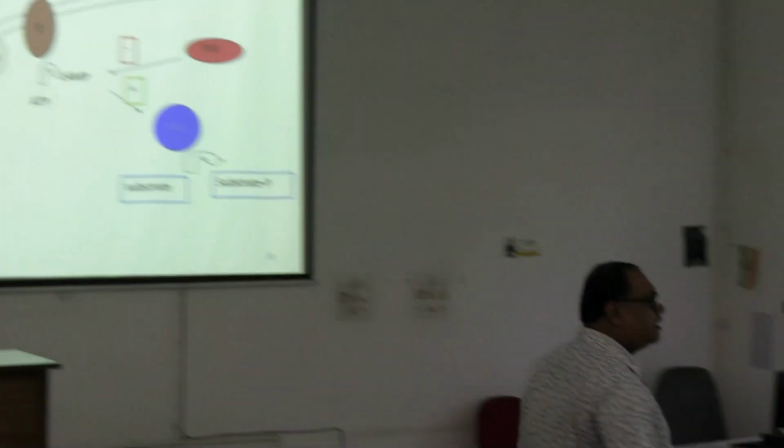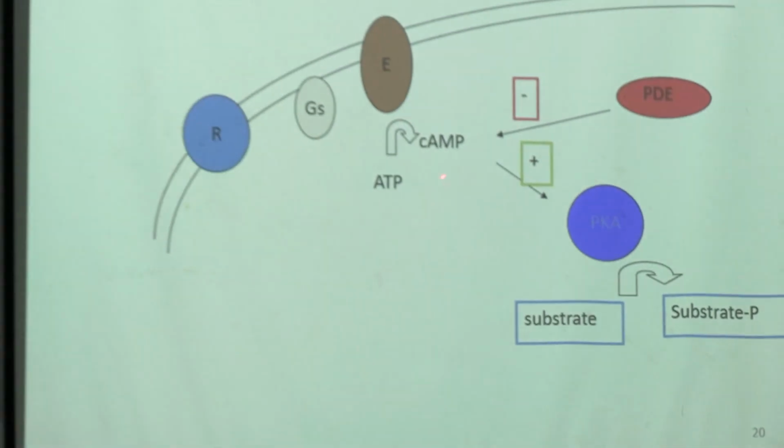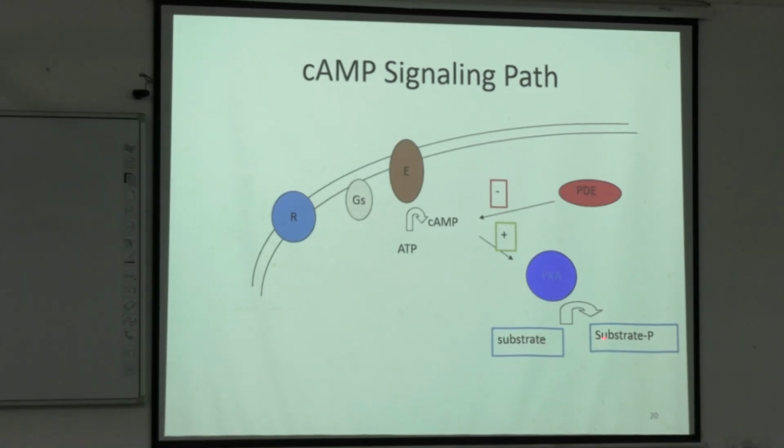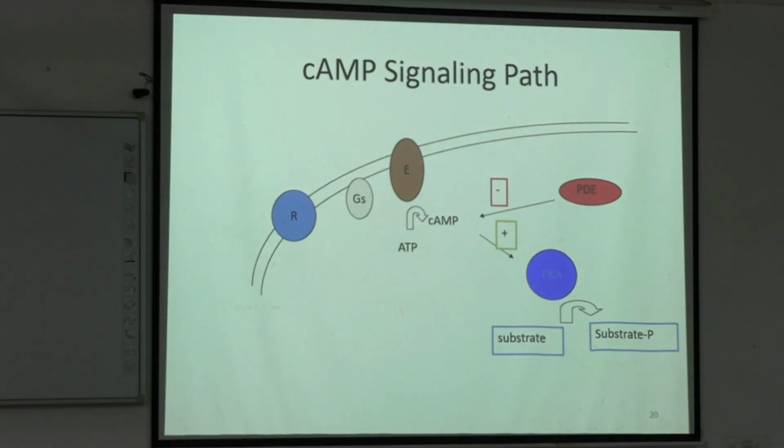Now, the plus or negative sign means one of these enzymes is activated more, so that product will be more. If this step is preferred, then this product consumption will increase. If this step is preferred, then this product will increase. Clear?